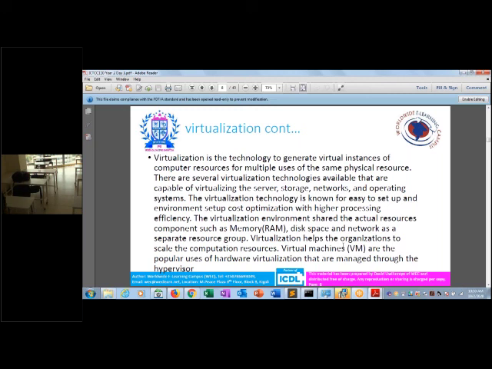Instead of buying new hardware with additional storage, additional RAM, additional operating systems, which are costly and expensive, we can now create virtual resources from existing physical resources. Virtual machines, the VMs, are the popular use of hardware virtualization that are managed through a hypervisor.